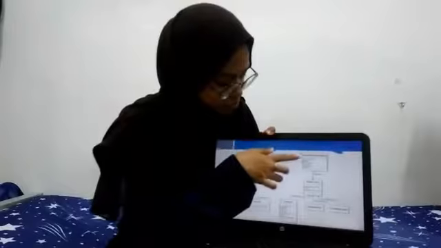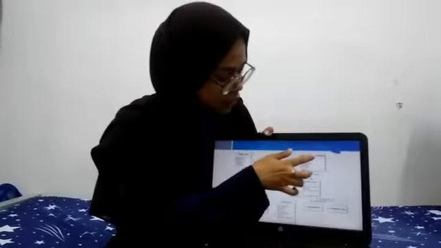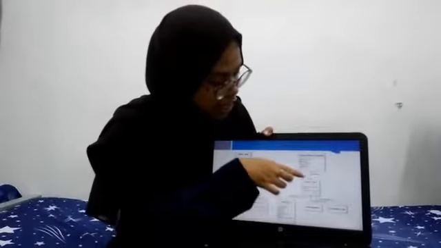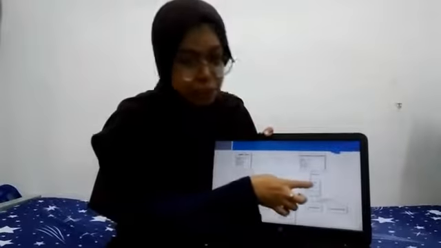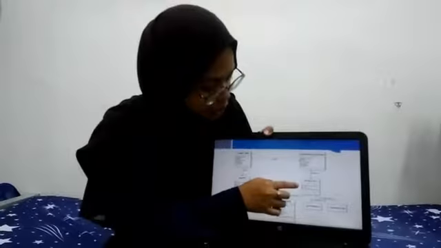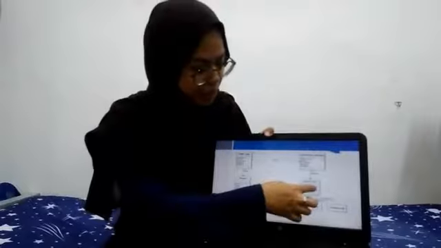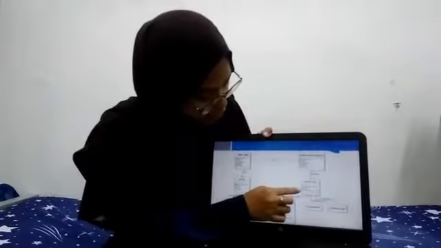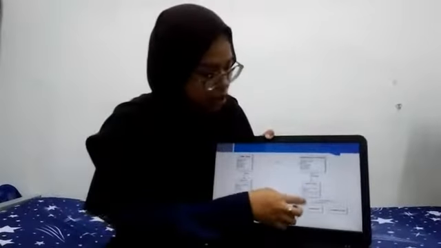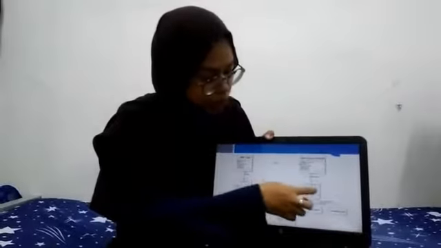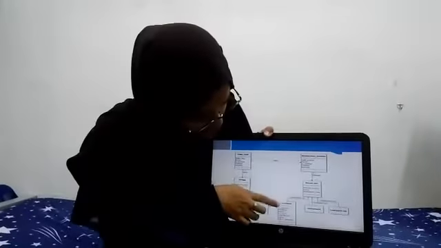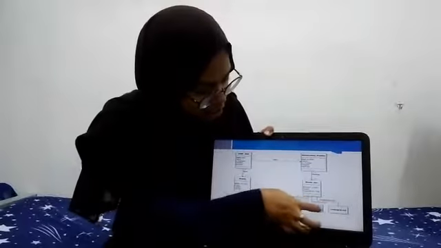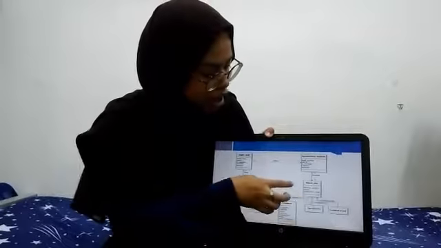After that, Alumni Center staff will manage alumni information, which consists of student ID as a primary key, name, graduation year, and alumni information will have a subclass which is employed, unemployed, and looking for a job.